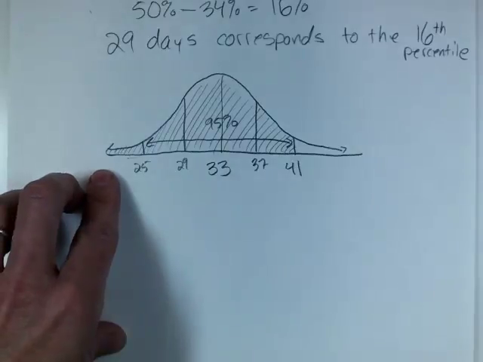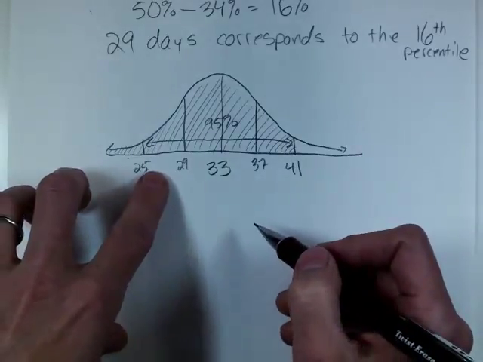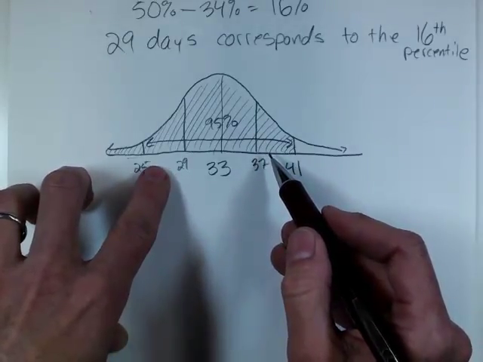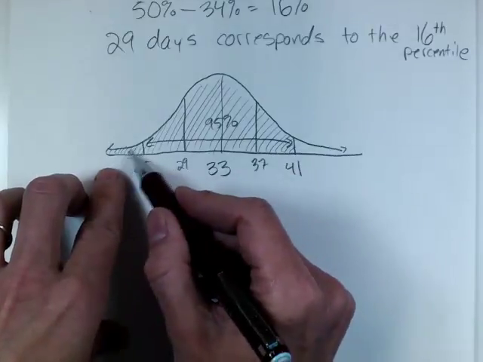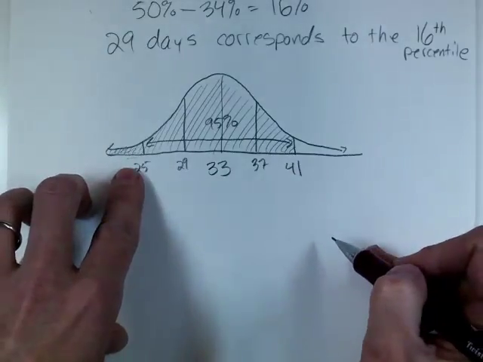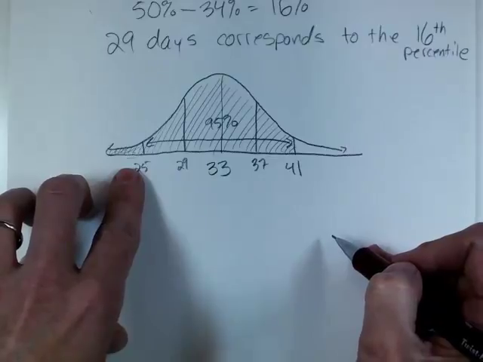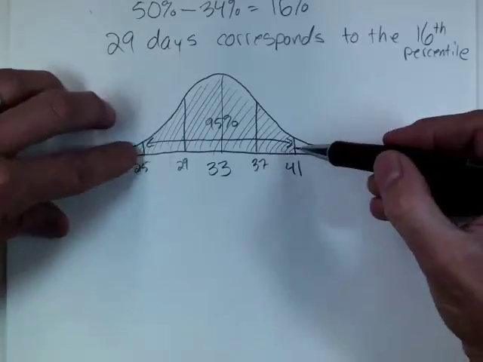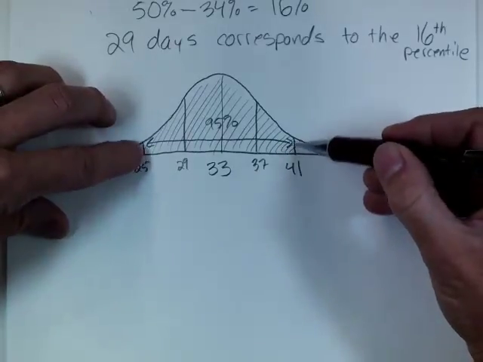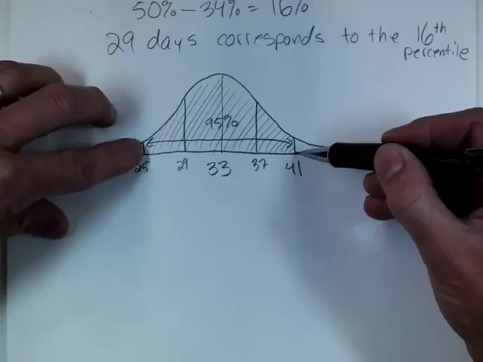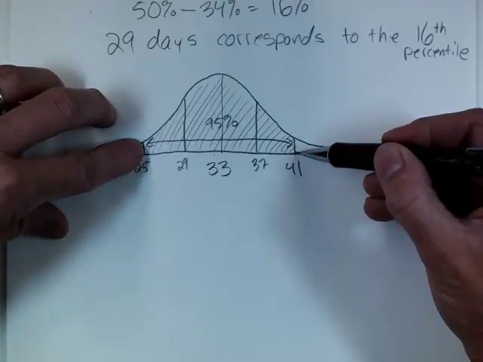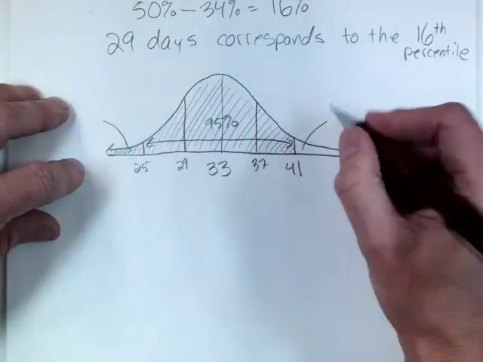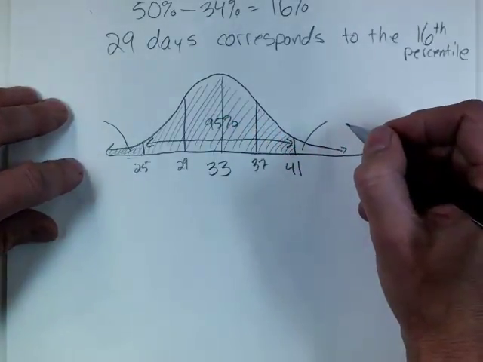To get the area, I have to figure out how much is in this little tail here. There's a couple of ways to do this. One way is, if 95% of the area falls between 25 and 41, by symmetry, how much area has to be in each of these little tails? 2.5%, right?